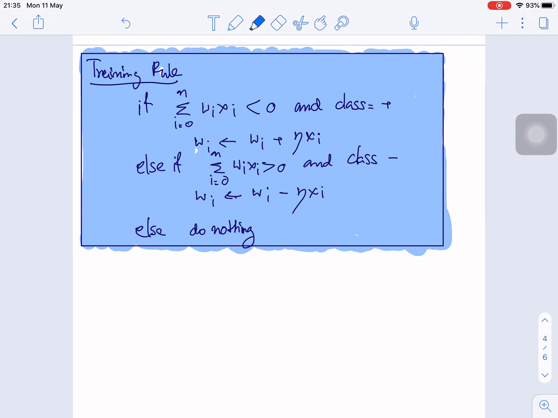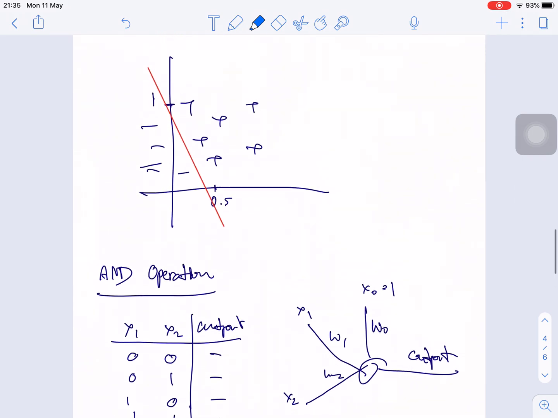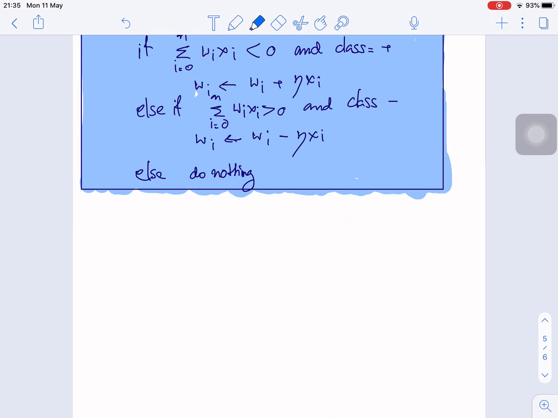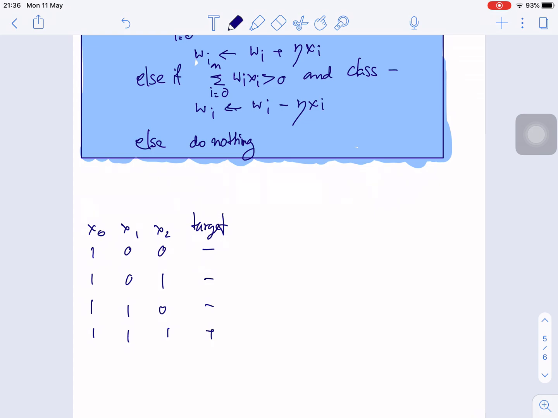Okay, so we will start with the weight. When you have x0 is 1, always 1, x1 and x2, 0, 1, 1, 0, and 1, 1. We will use the target values. We use the term target to represent that this is negative, negative, negative, and positive. For example, we have the weight like this.